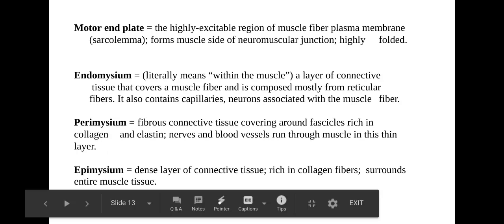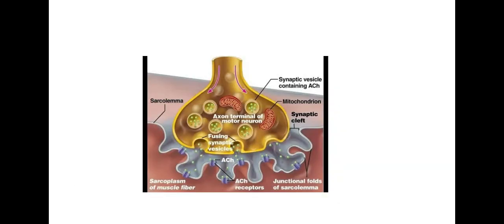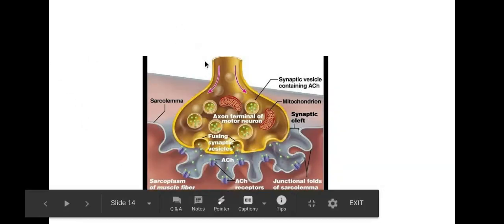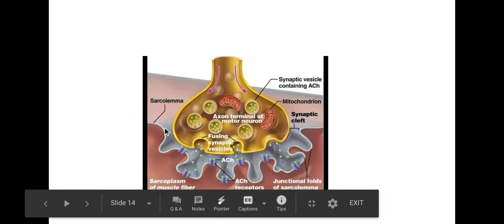Next, we need a few more words, like motor end plate. That is the region on the muscle cell plasma membrane, the sarcolemma, that is able to take in the acetylcholine neurotransmitter. So here's what that looks like. You've got your nerve coming right up to the sarcolemma.